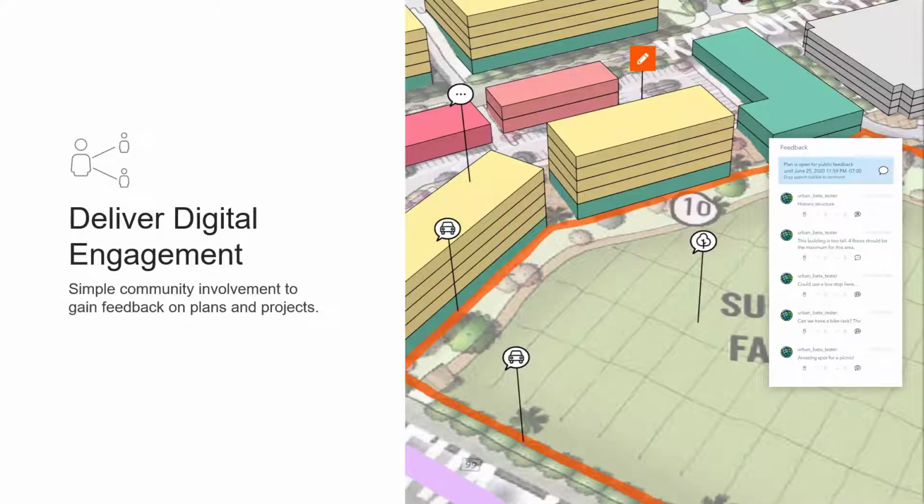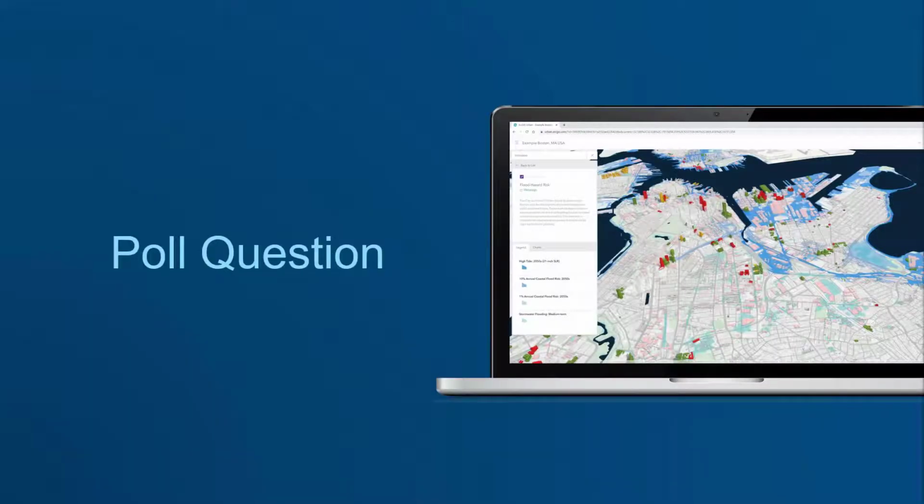And finally, Urban can enable cities to deliver digital engagement, giving planners and the public an easier way to collaborate at scale. So planners can not only inform citizens on a project, but also streamline feedback through plan and project-specific comments and suggestions.